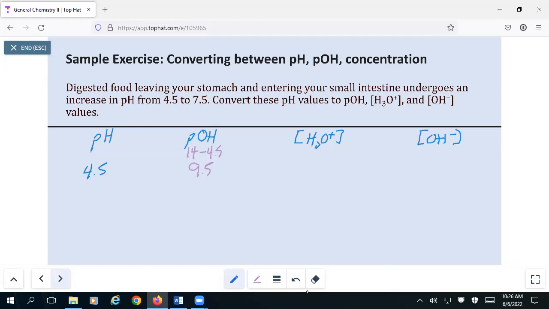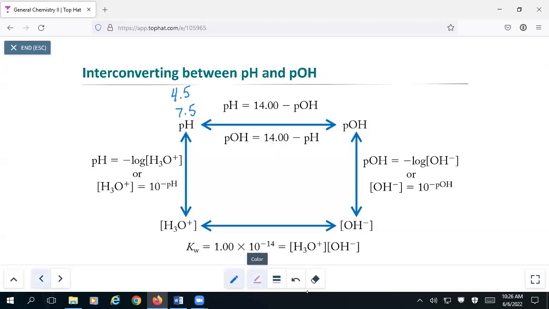To turn the pH and the pOH into hydronium and hydroxide, I'm going to have to use antilogs. Hydronium is equal to 10 to the negative pH power. Hydroxide is equal to 10 to the negative pOH power.